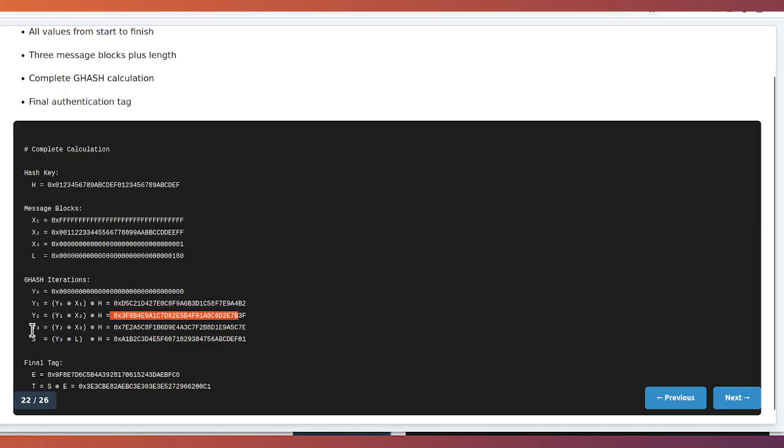Y3 equals the quantity Y2 XOR X3 multiplied by H equals 0x, beginning with 7E, ending with 7E. Y4 equals S equals the quantity Y3 XOR L multiplied by H equals 0x, beginning with A1, ending with 01.